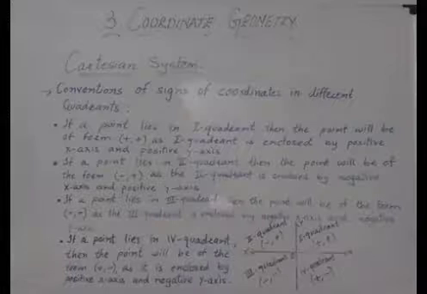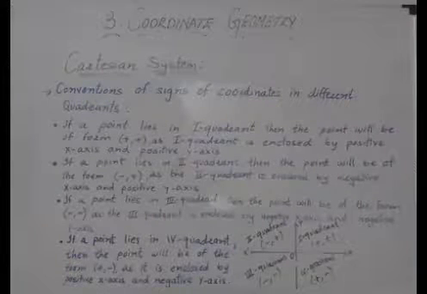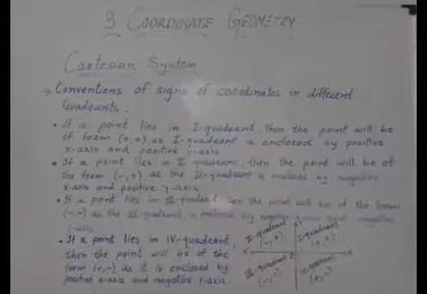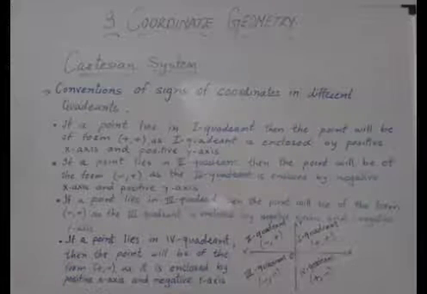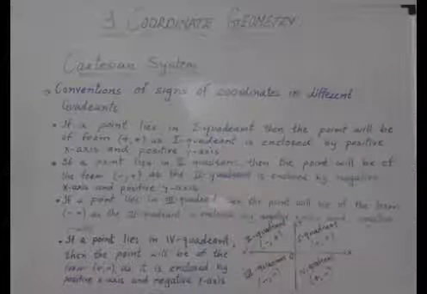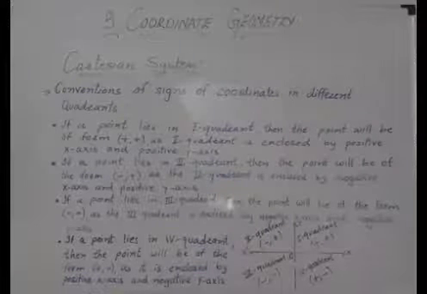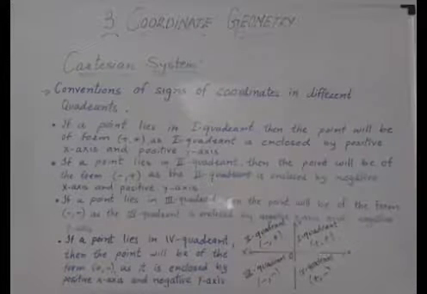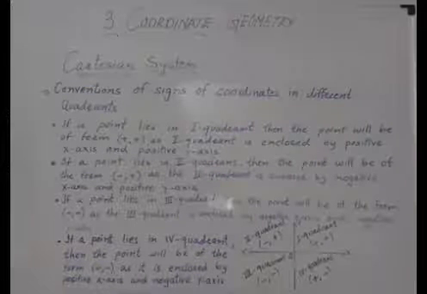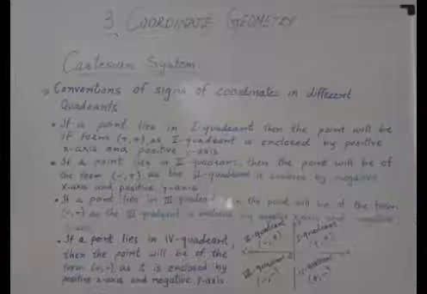Now, let's learn about the signs of coordinates in different quadrants. That is called the convention of signs of coordinates in different quadrants. In our previous lecture, we saw that when the x-axis and y-axis meet at the origin perpendicularly, we get 4 different quadrants. Now, if a given point lies in any one of these 4 quadrants, what is the possible sign of the coordinates?